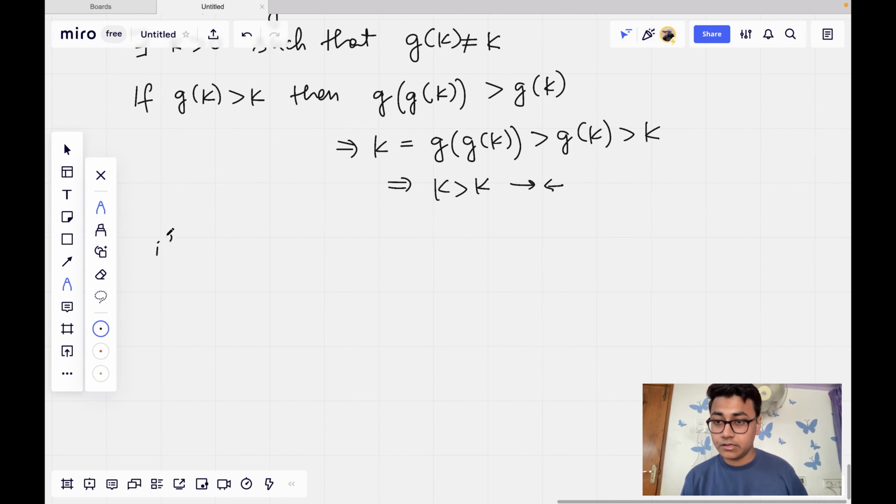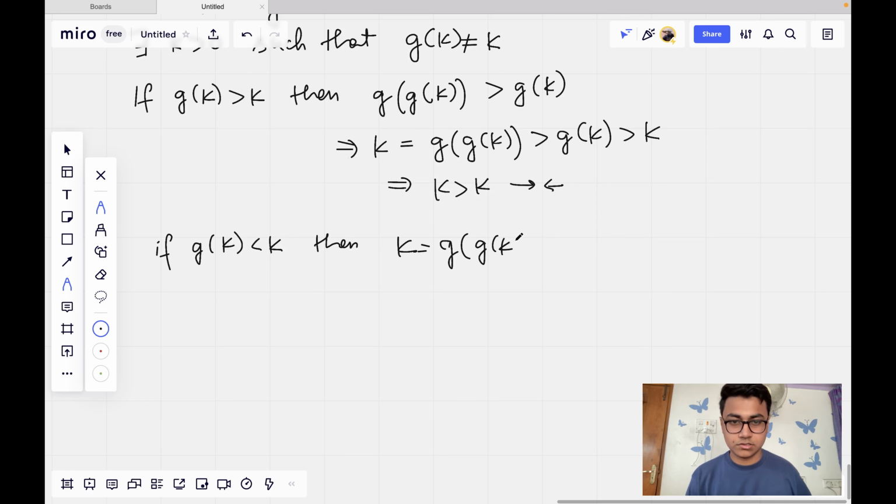On the other hand, if g of k is strictly less than k, again k equal to g of k, this is less than g of k since it is strictly increasing, and this is again less than k. This gives us k is less than k. Again, a very absurd condition.